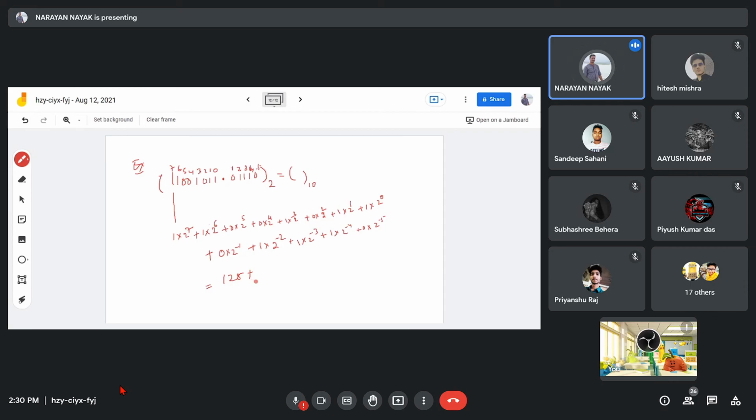Similarly, 2 to the power 6 into 1 is your 64. 0, 0, 2 to the power 3 is 8, 0, 2 to the power 1 is 2, 0, okay, plus 0, 0 into 2 to the power minus 1, 0, 2 to the power minus 2 means 1 by 4, 2 to the power minus 3, 1 by 8, 2 to the power minus 4, 1 by 16.